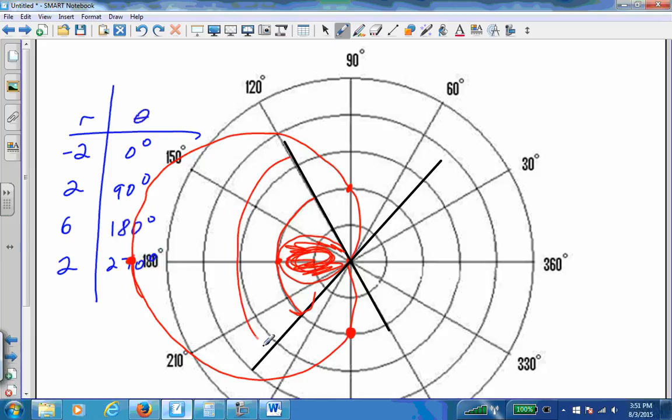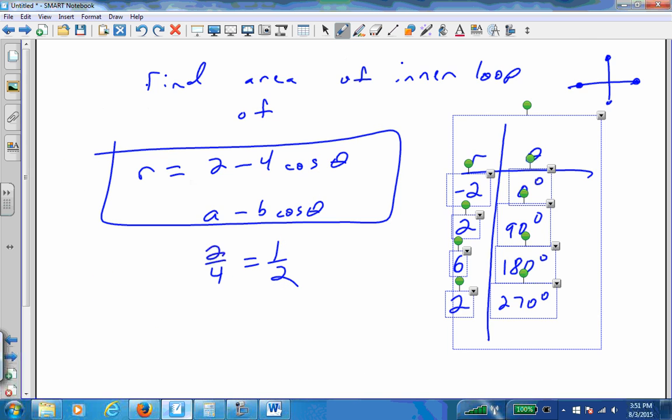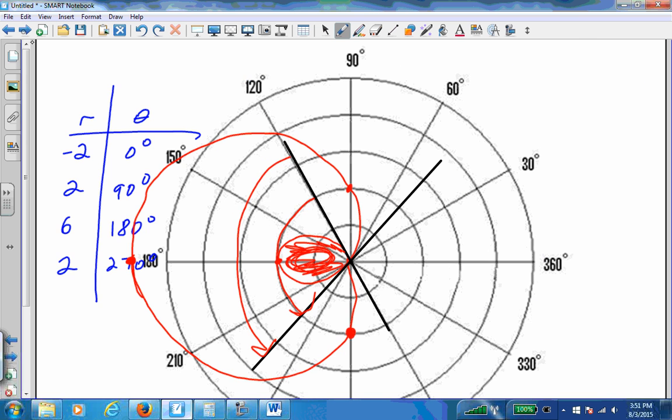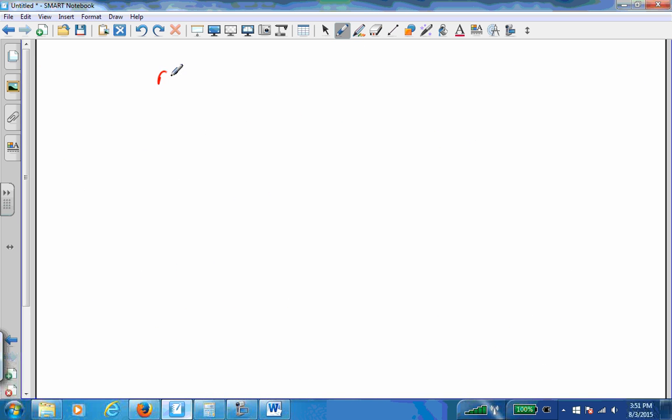So integrate around there, we'll get that area. So we need to know at what two angles is our radius 0. So r is 2 minus 4 cosine theta. So we want to find out when is radius 0, not theta.